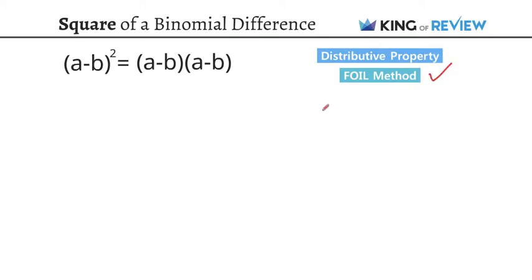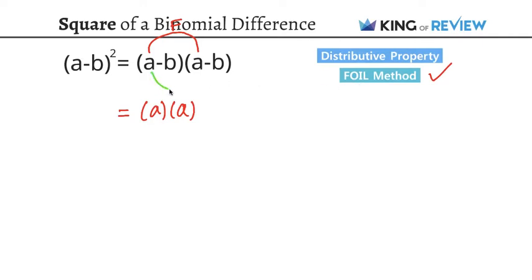Okay, FOIL, F, multiply the first terms, right? This is the first term, which is equal to a times a, right? Okay, and then secondly O, which means outer terms, right?